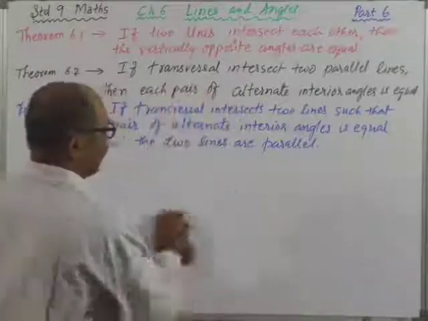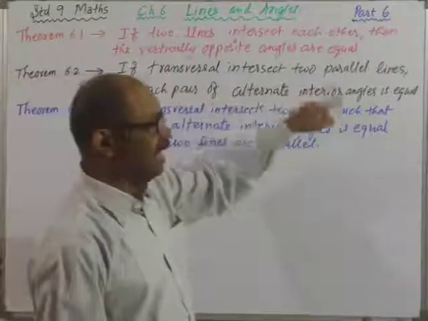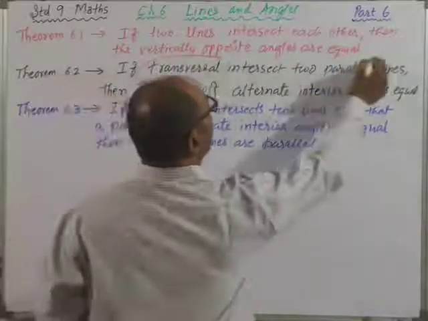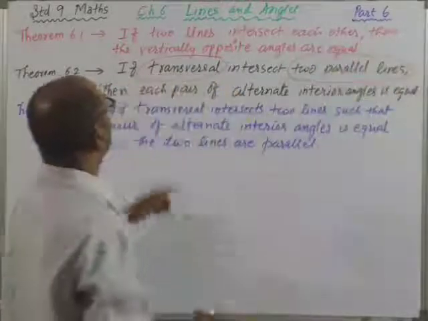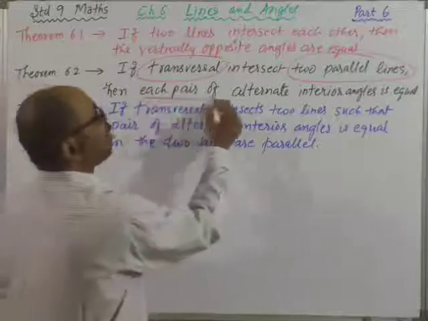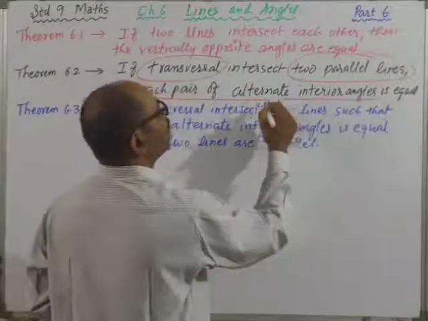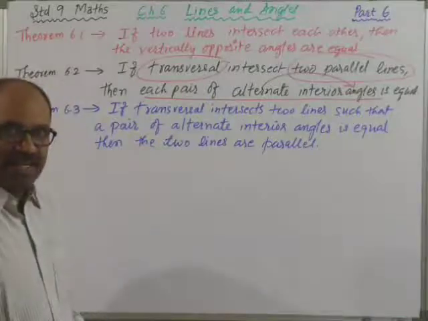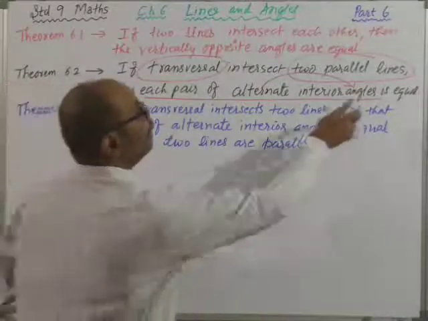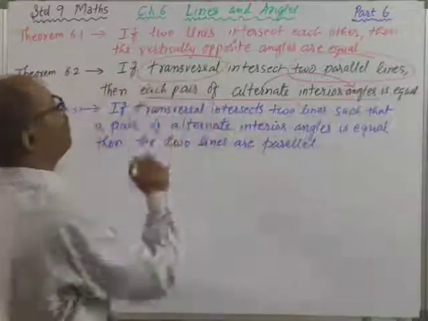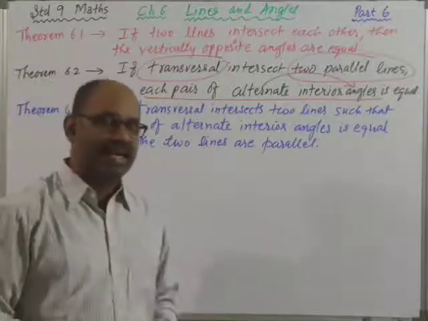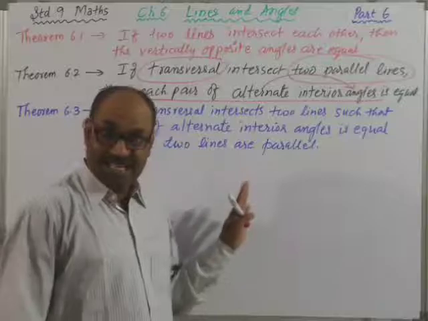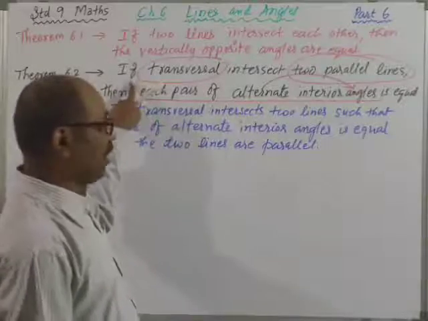If a transversal intersects two parallel lines, then each pair of alternate interior angles, they are also simply called alternate angles, please try to understand, is equal. Yes, each pair of alternate interior angles is equal. Alternate angles, how many pairs are there? 2. Let's see.